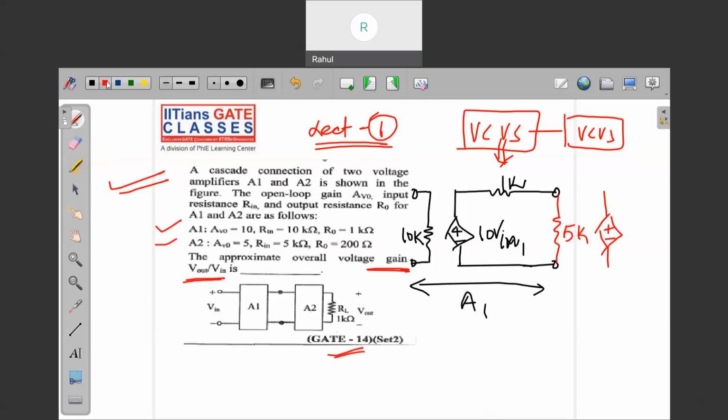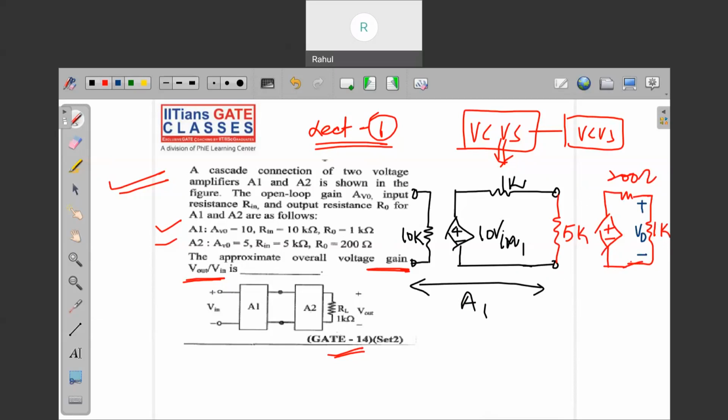It has an output resistance as well, which is 200 ohm. Now the load is connected here. What is the load? The load is 1000, so 1K, and the output will be measured across this 1K.